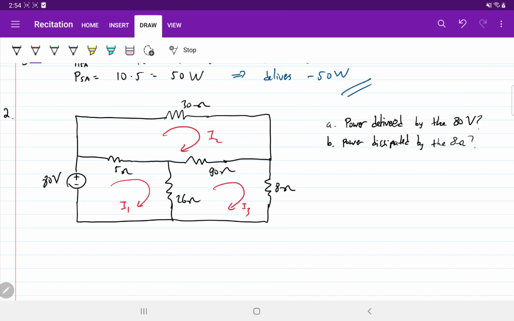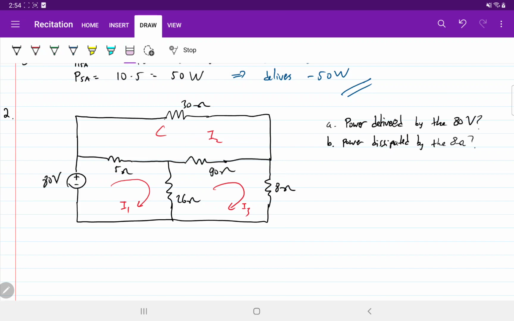I3. Again, I use clockwise direction to define the meshes, but again you can use different directions. Maybe you want only the second loop to be counterclockwise. It doesn't matter as long as you are consistent with your definition, then you should be fine.